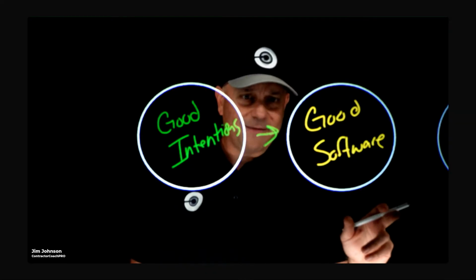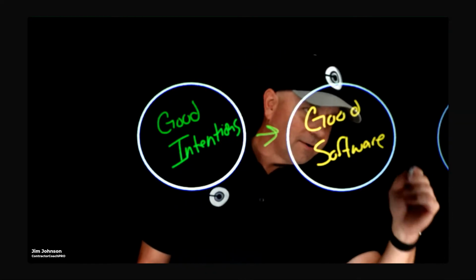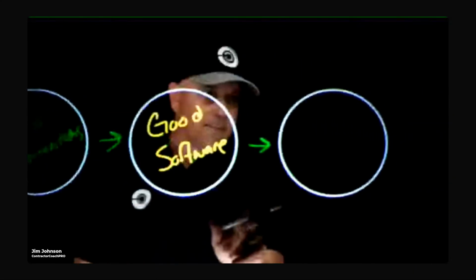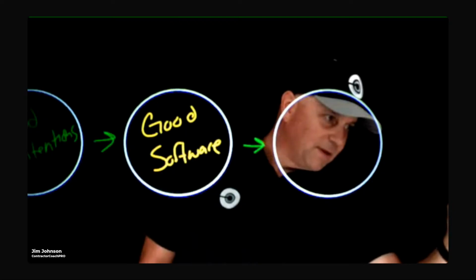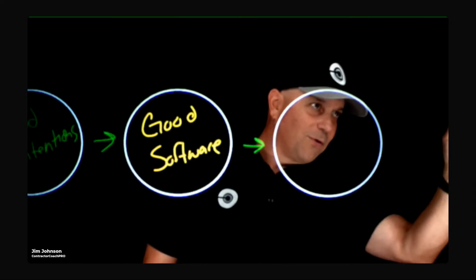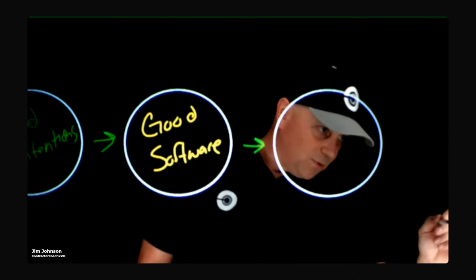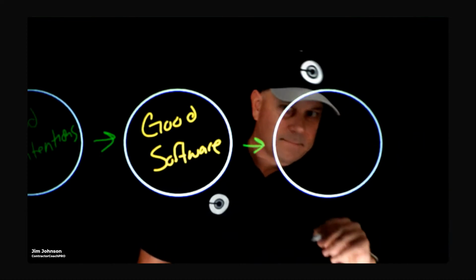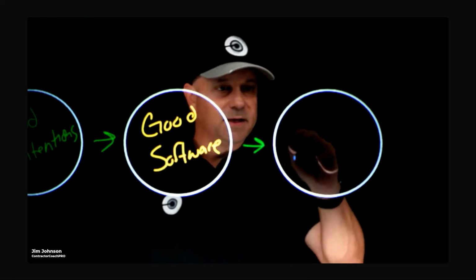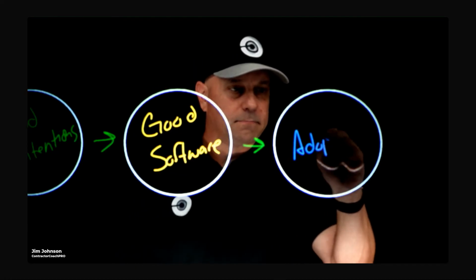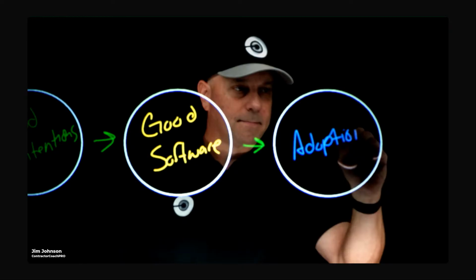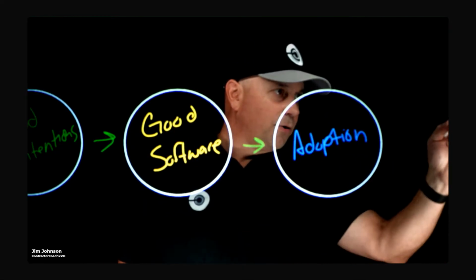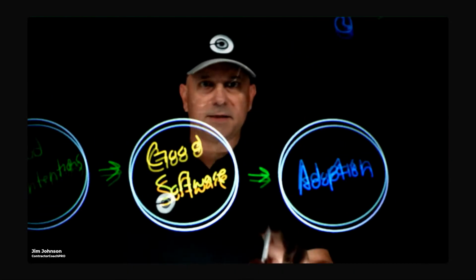And so now we have to consider the all important step that cannot be overlooked. And the number one reason we fail with software is adoption. Because the cold hard truth is this.